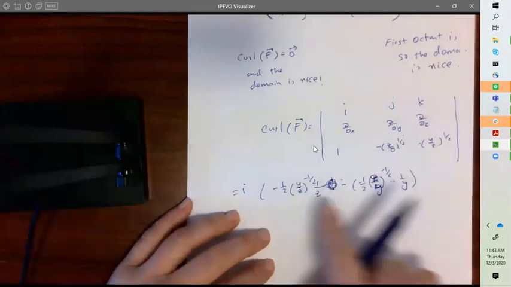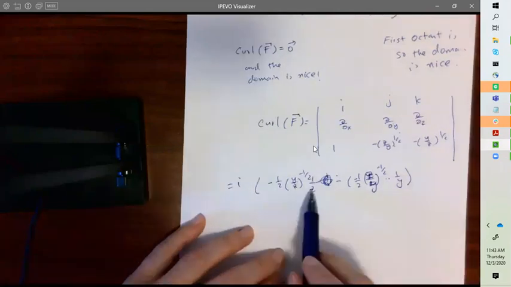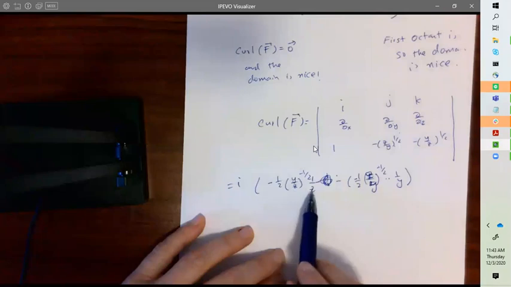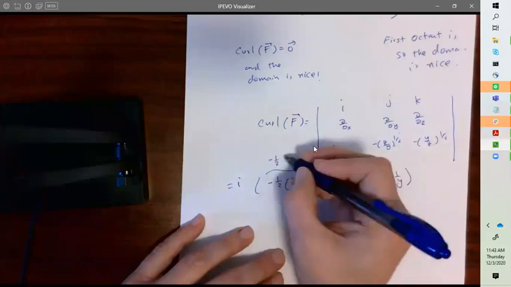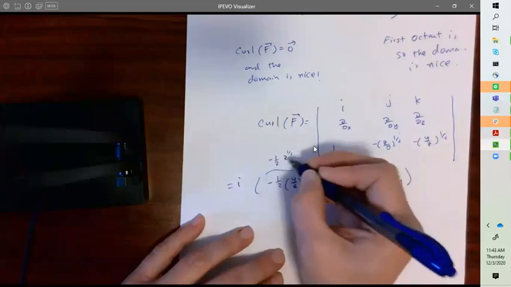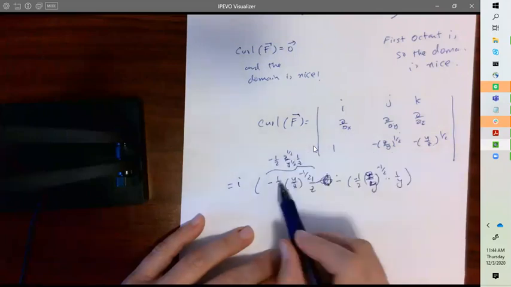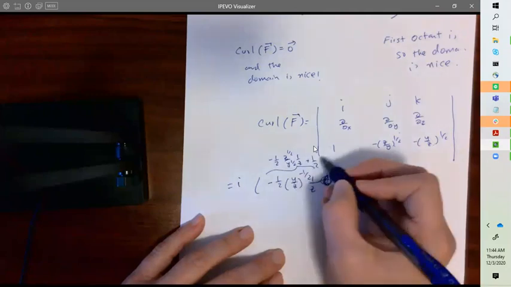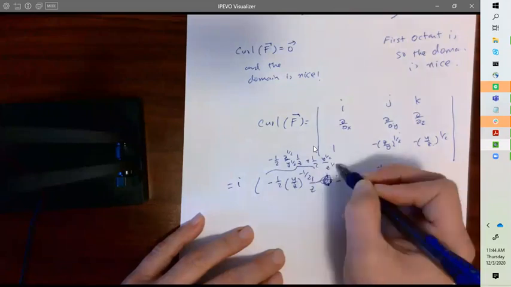Let's see if this cleans up and then do the rest. If I clean this up, I get negative 1/2 z to the power 1/2 y to the power 1/2 times 1 over z, plus 1/2 y to the power 1/2 z to the power 1/2 times 1 over y.